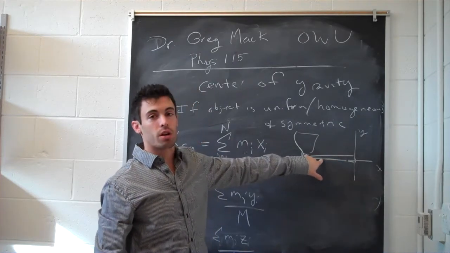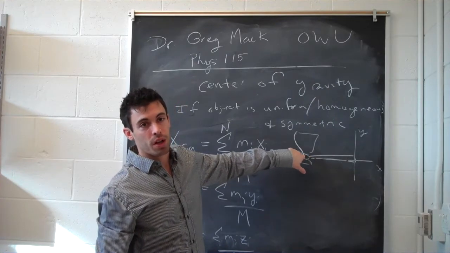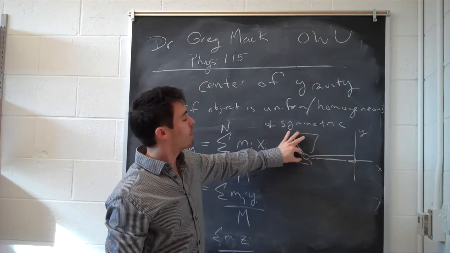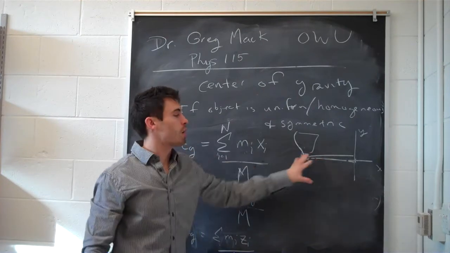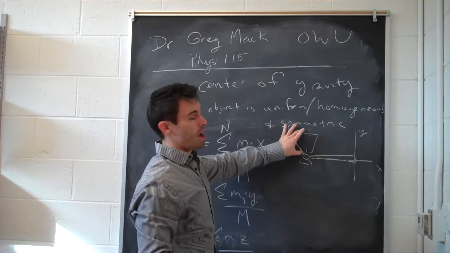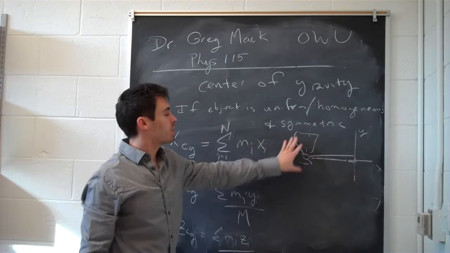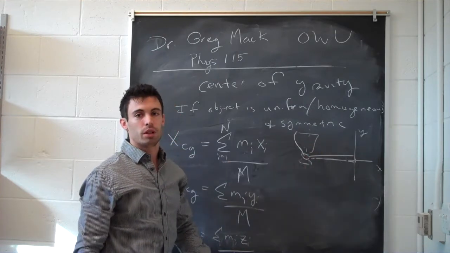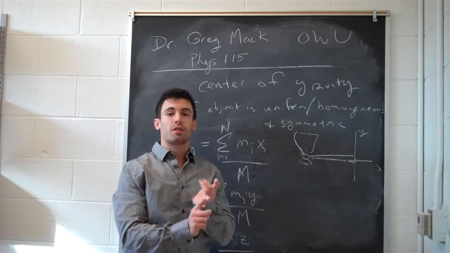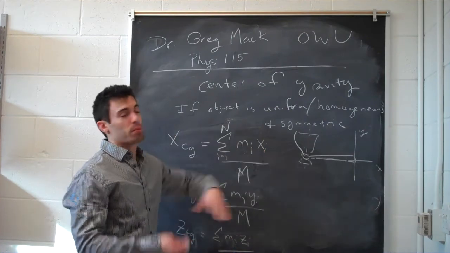This bit of mass over here is more, because it's a denser part, it's more of the metal than the wood, so you have to account for that in the weighted average. Then you do the same thing for the y direction, noting that there's more mass up here and less mass down here, so the center of mass is going to be somewhere up there in the y direction. Then you have the y coordinate and the x coordinate, and you can figure out the overall coordinate by putting those two things together.